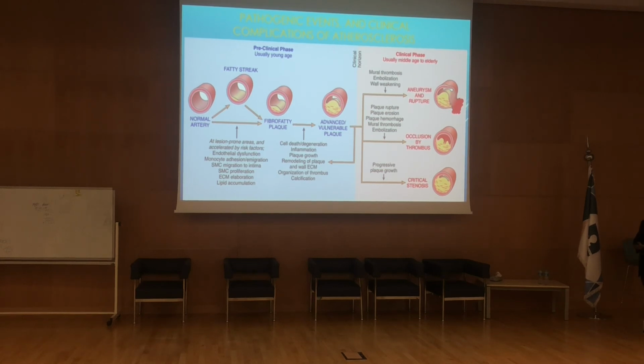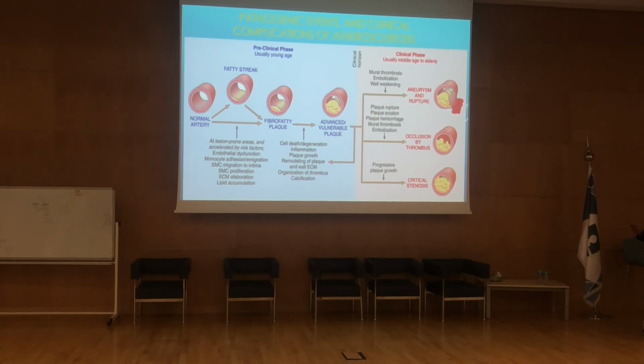The patient will feel pain when they walk or do some exercise. If it is 90% like this one, it can even cause unstable angina. Even lying down, the patient will feel pain. Here, if you give nitroglycerin, the pain is gone, because nitroglycerin will dilate this vessel, and it gives some space, and the ischemia is gone.